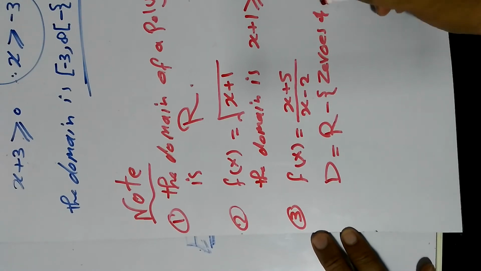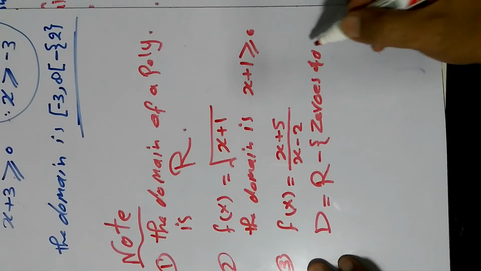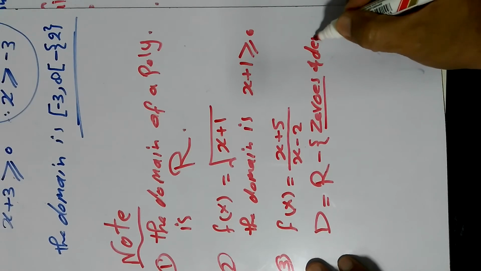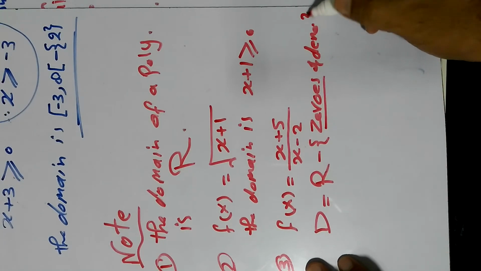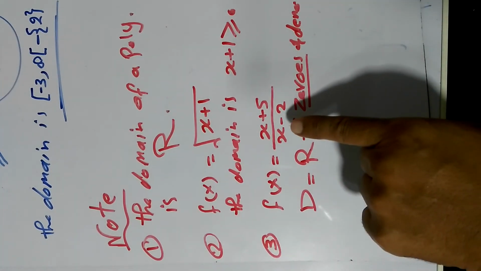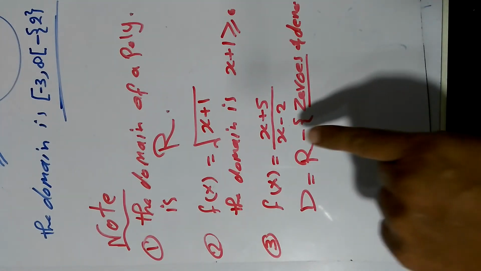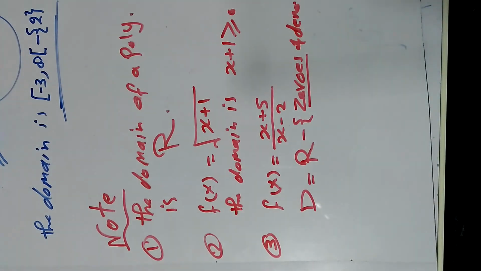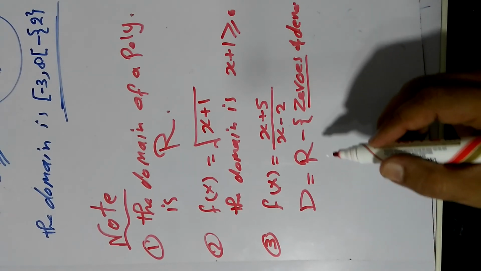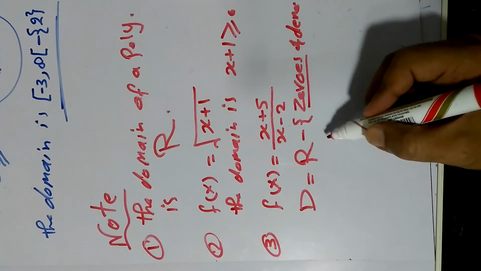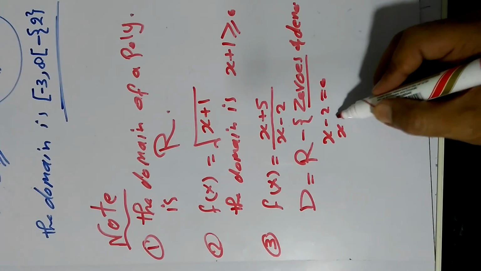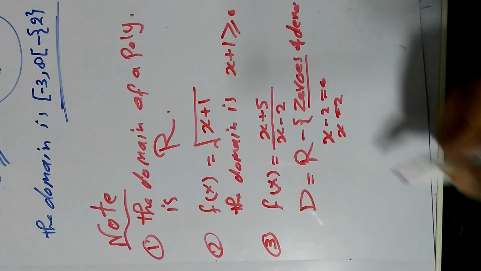If you forgot the term zeros of the denominator, I remind you the zeros are the values that make the denominator 0. What value makes this denominator equal 0? It's 2. Where do I come up with this? Just take x minus 2 equals 0 and solve this simple equation. So x equals 2 is a zero of the denominator.